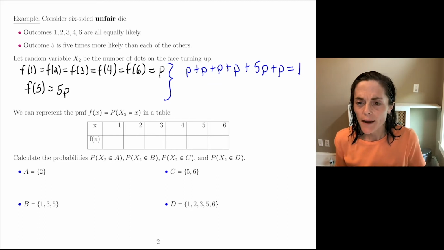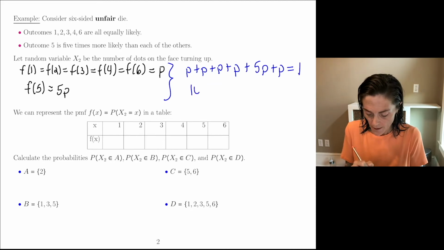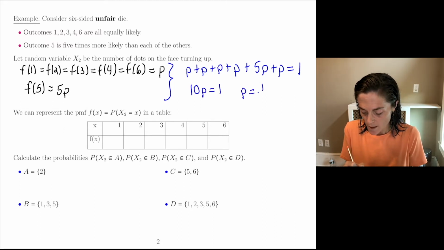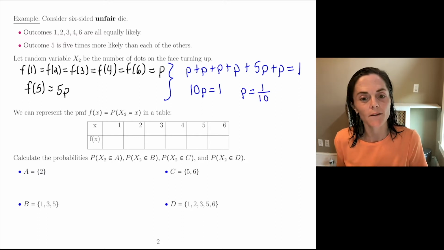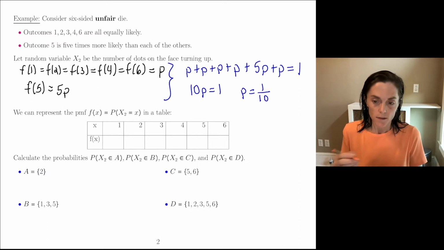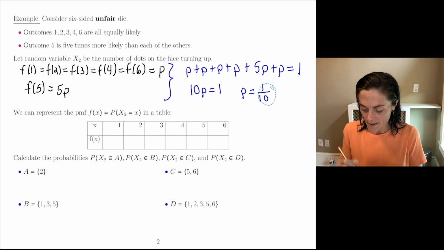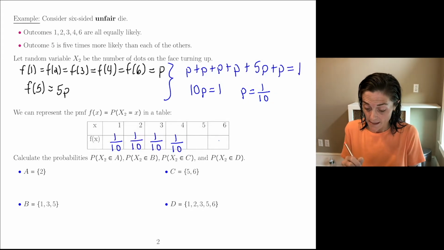So what do I have here? I have a total of 10p equals 1, and this p is 1 divided by 10. Well, now I'm ready to fill in my chart. So we have 1 over 10 in all of these except for 5, in which case we have 5 over 10, or 1/2.